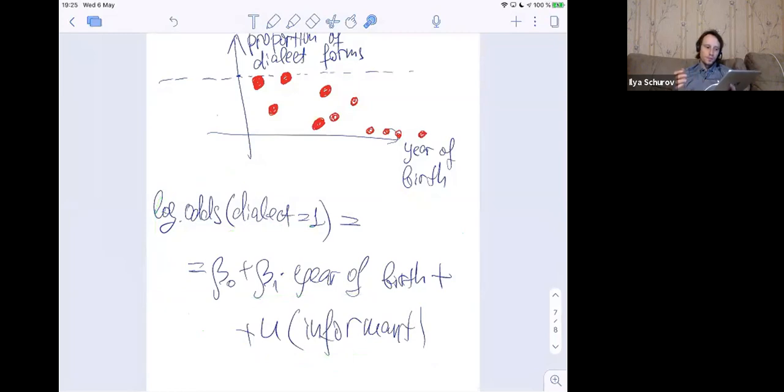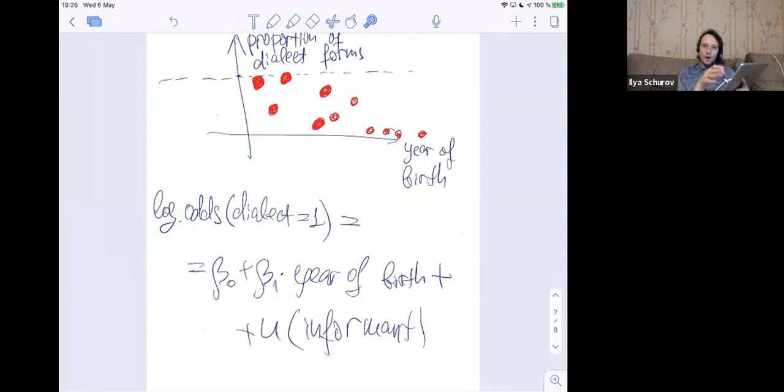I believe that each person has their own probability to produce dialect forms. And this probability is random. For a particular person, it is assigned randomly. But when it is assigned, it does not change.